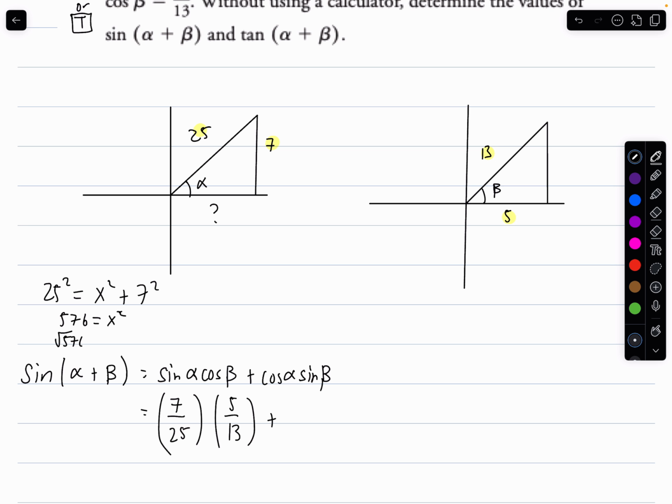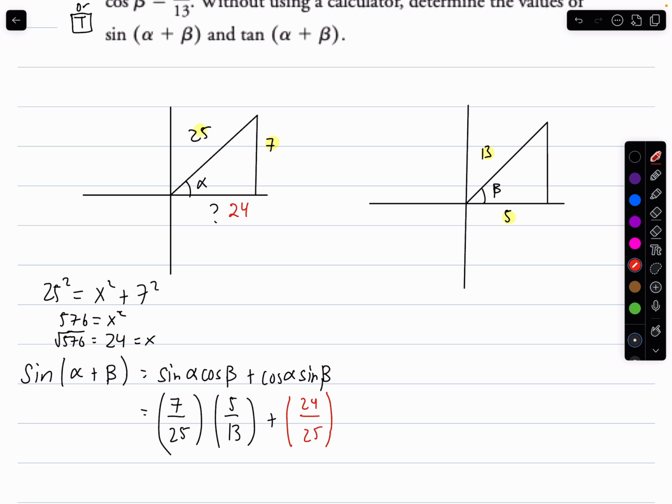Square root of 576 is 24 as my x. So now that we know this is 24, I can say cos A is going to be adjacent over hypotenuse.